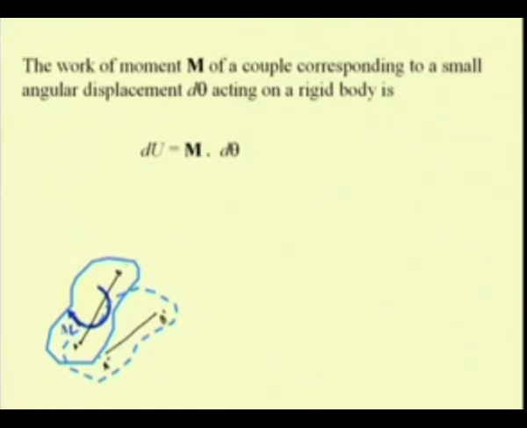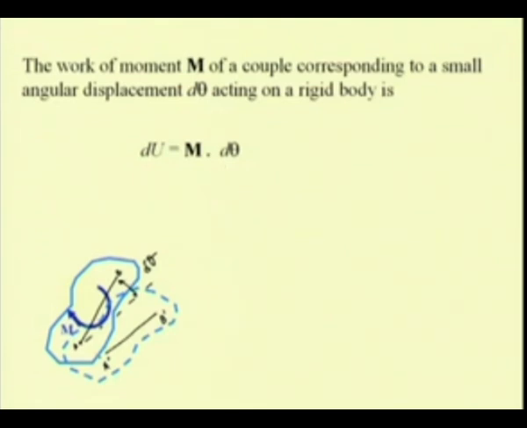So, the angle between this position is, say, d theta. A small angular displacement has taken place because of the application of the moment, and in that case we say the work done is M dot d theta.